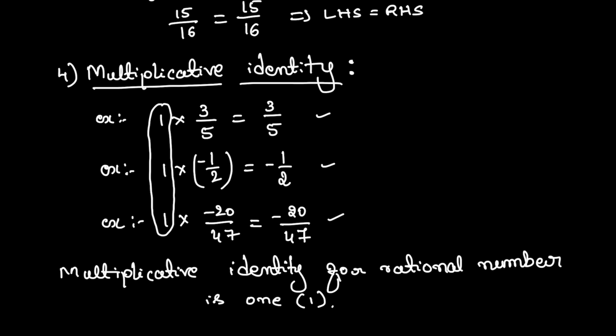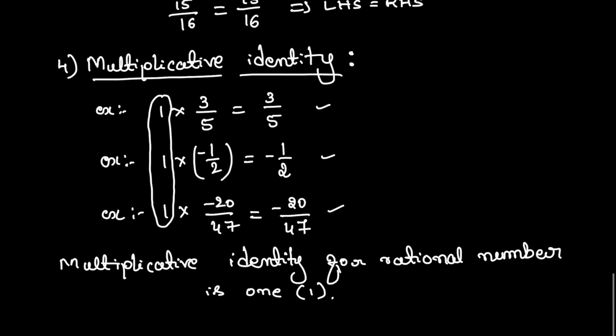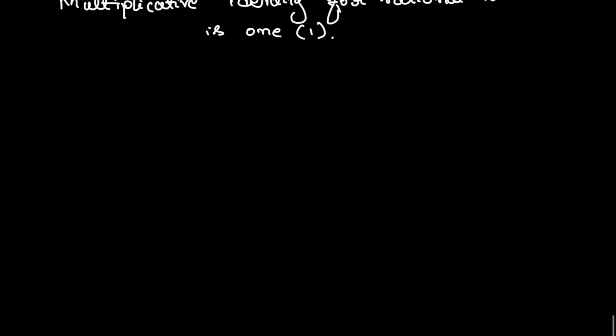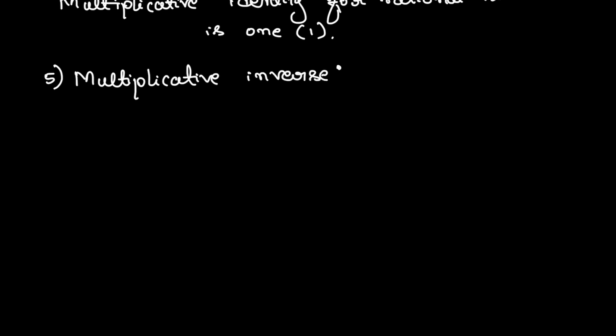Our next concept is multiplicative inverse. Let's see what is multiplicative inverse. The reciprocal of a rational number is called multiplicative inverse.